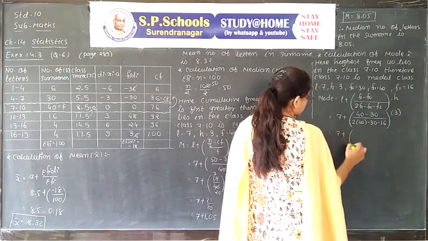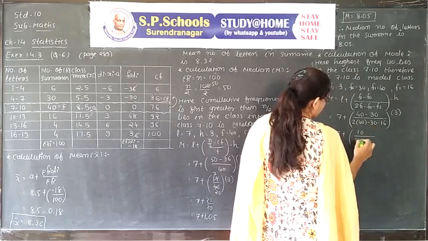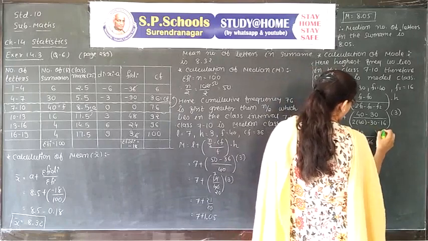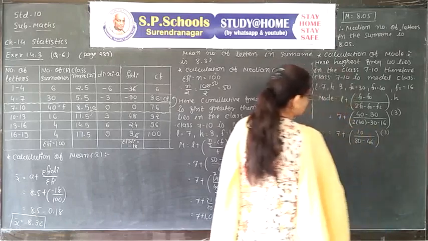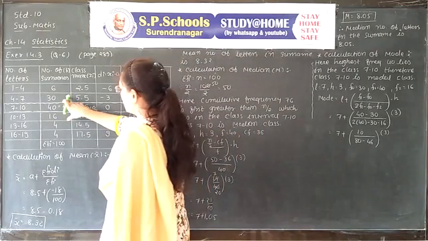7 as it is, 40 minus 30 is 10, upon 2 into 40 is 80 minus 46, multiply with 3. F0, F1 and F2 are consecutive.